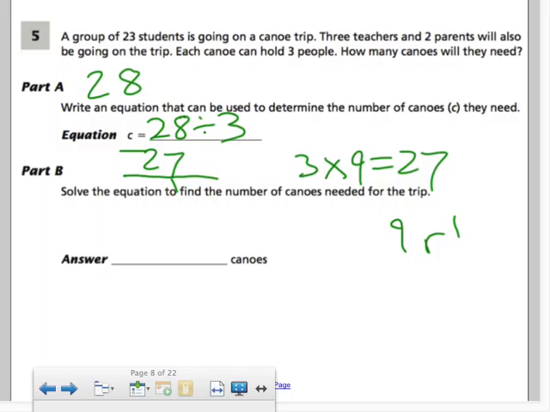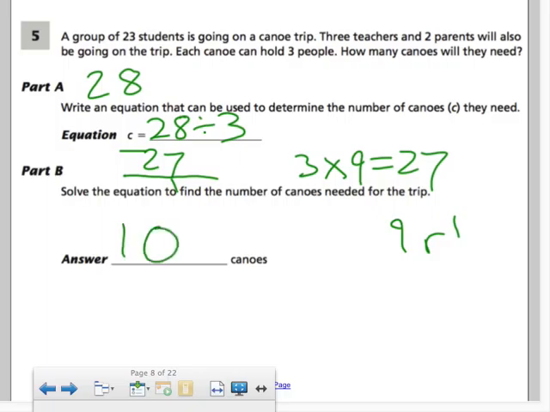No, I'm not going to destroy my canoe. Sir, I did the math. It says 9 remainder 1. I require 9 remainder 1 canoes. There's no such thing as a remainder 1 canoe. Well, I need 9 remainder 1 canoes. No. You have to think like a normal person. So how many canoes do you actually need? 10. Thank you. 10.